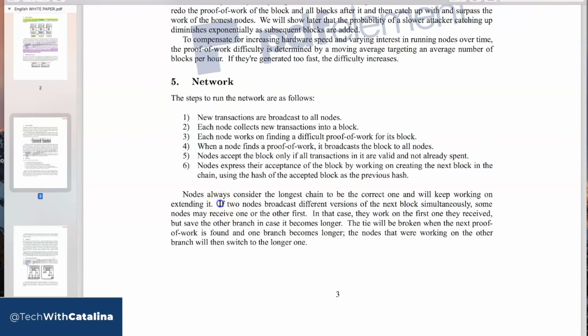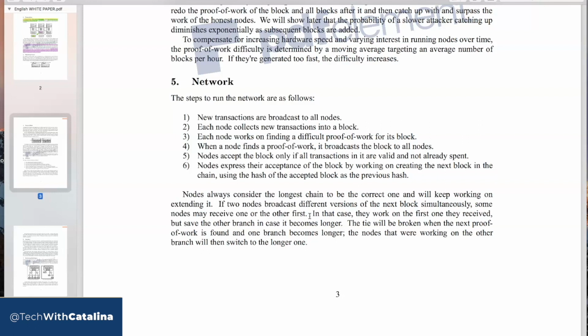So let me describe the following situation. If two nodes broadcast different versions of the next block simultaneously, some nodes may receive one or the other first. Let me explain. For example, let's say that I am in Argentina, and I find the next block right now. And I broadcast that information to the network.